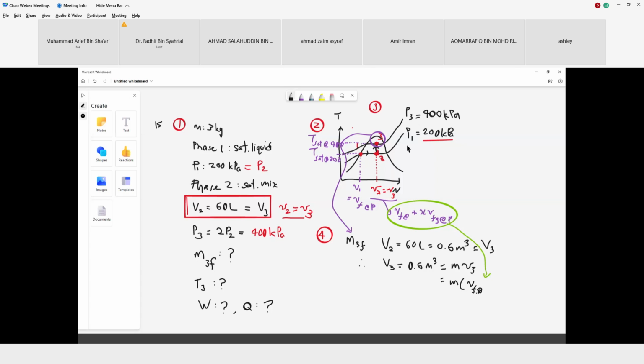At the given pressure, plus x, at the given Vx, Vfg.